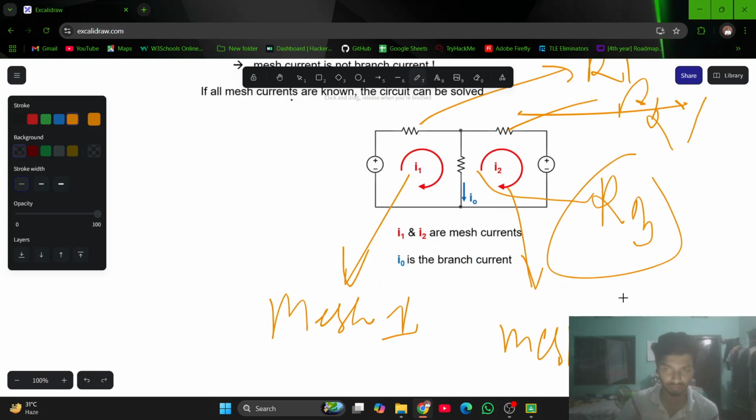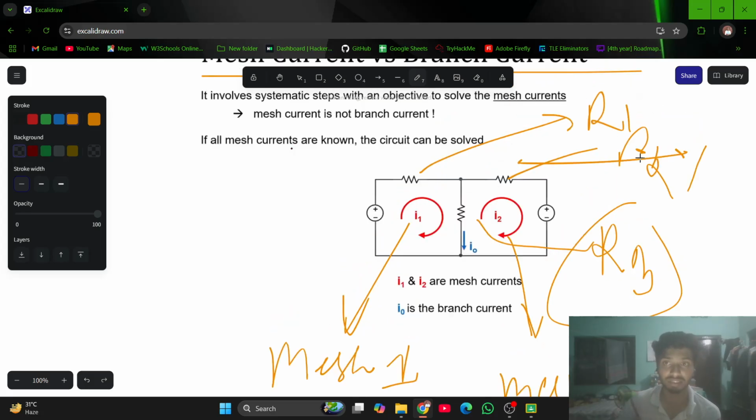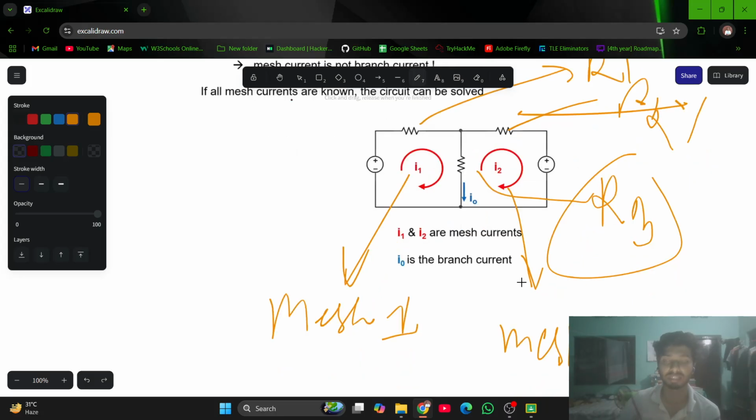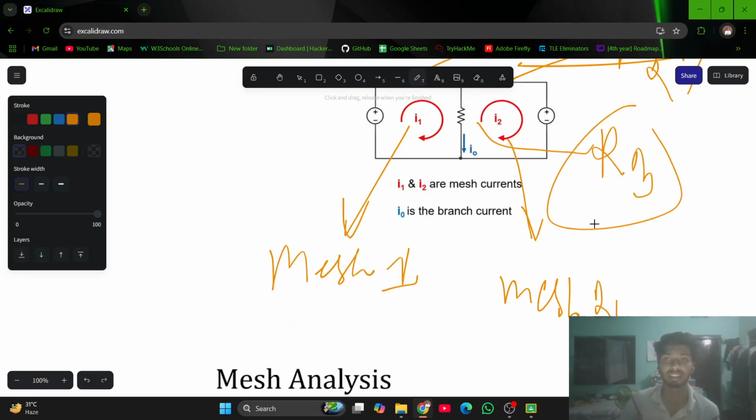If you see, the R3 element belongs to both mesh 1 and mesh 2. So now the question is how we can get the current of R3, because we can easily get the current of R1 and R2, since the R1 current is the same as I1 and the R2 current is the same as I2. But the problem is with the R3 element. How can we get the R3 current?